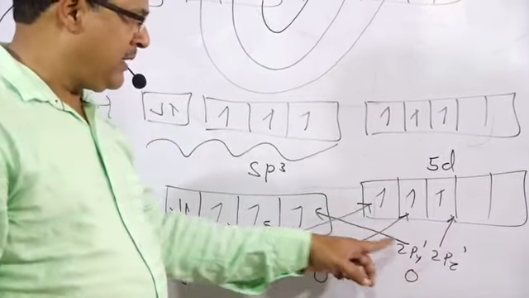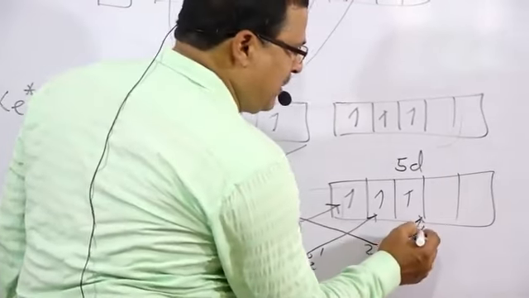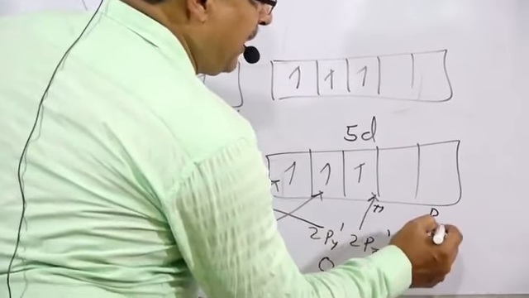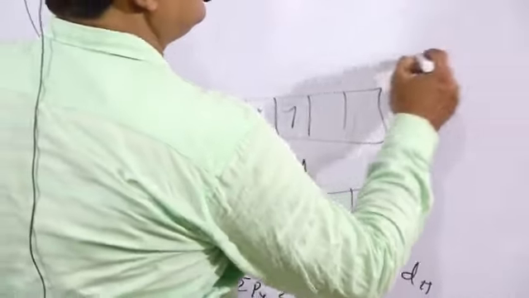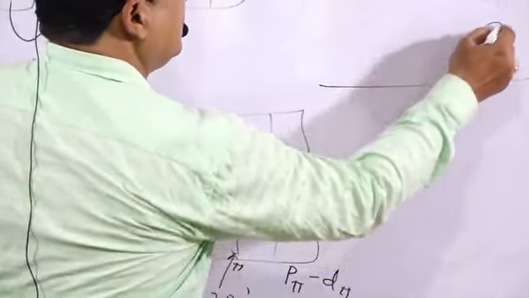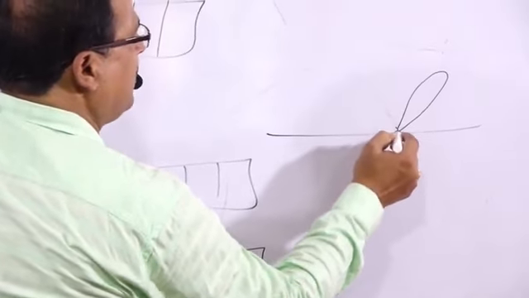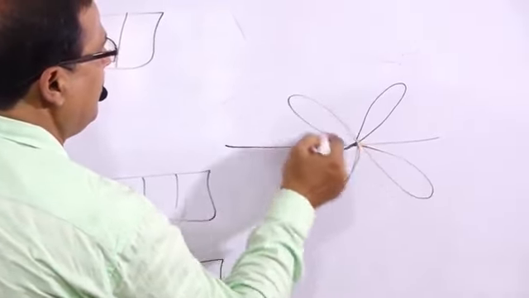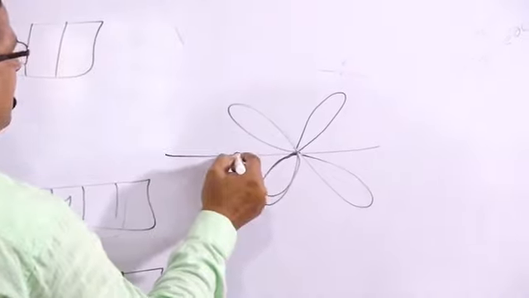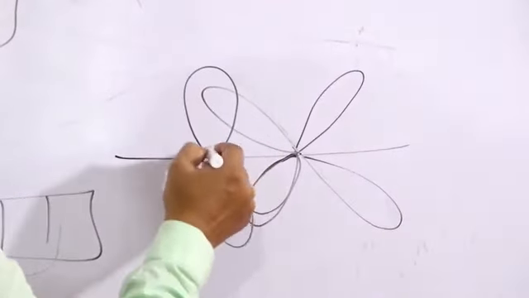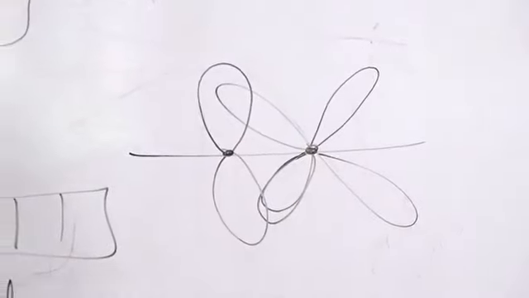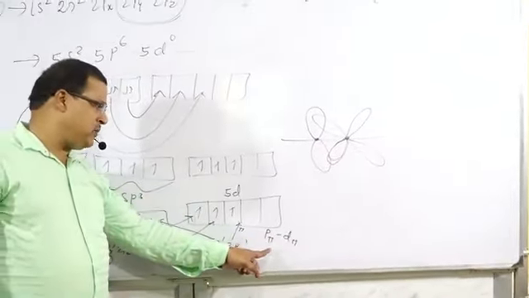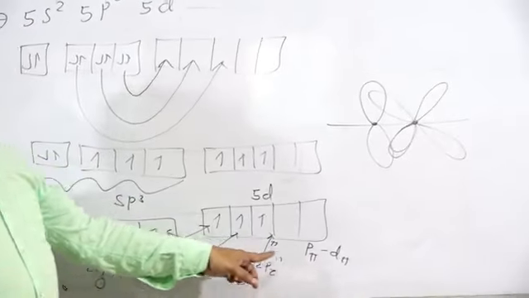This is the sigma, this is the pi bond, and this pi bond is known as p pi d pi bond. You know that the d orbital is double dumbbell and the p orbital is dumbbell. So that is the p pi d pi bond. Very, very important question.